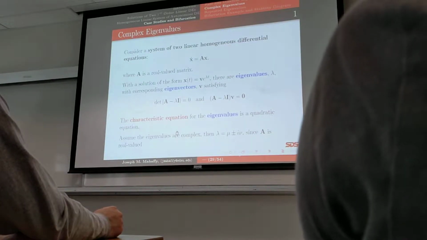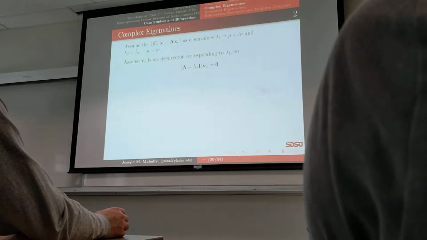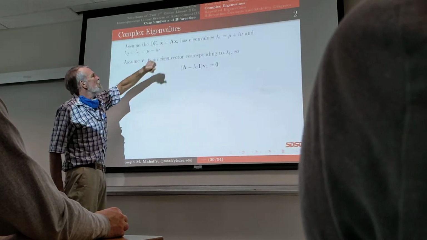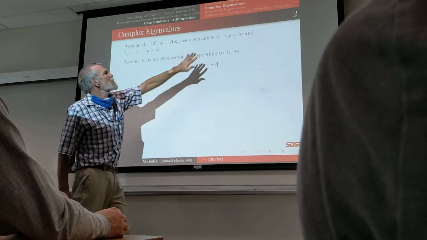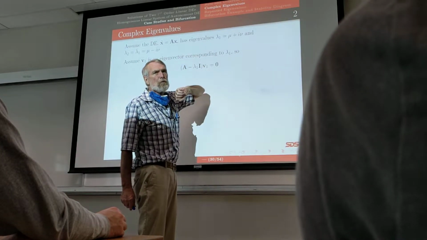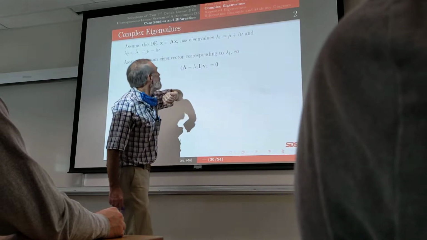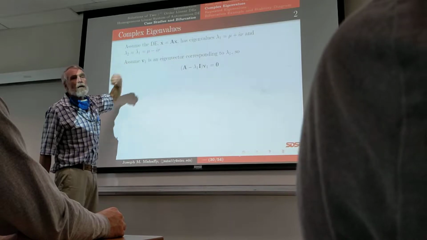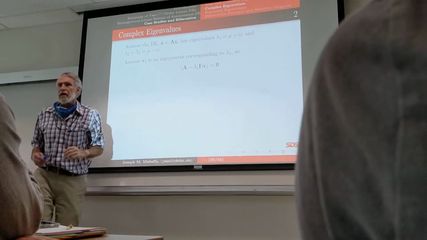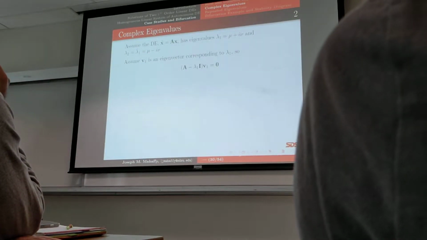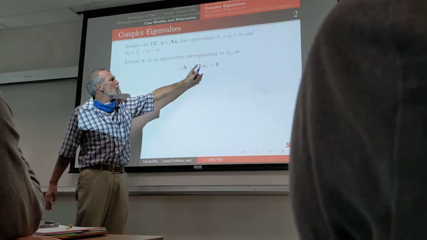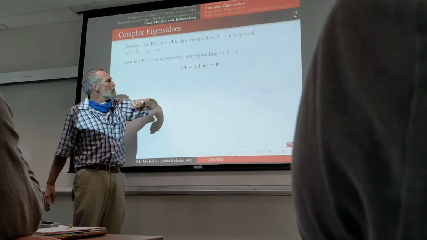So let's assume that this differential equation has a lambda 1 equals mu plus i nu. Then it's not too hard to see that the complex conjugate will also be an eigenvalue. Given that it's a complex eigenvalue, we get an eigenvector associated with that.